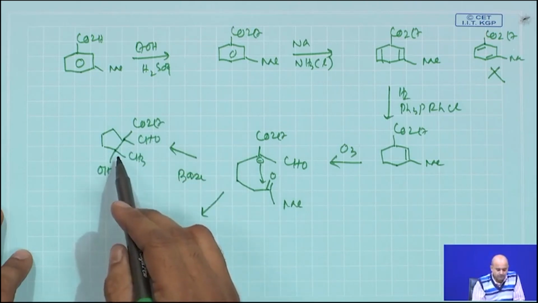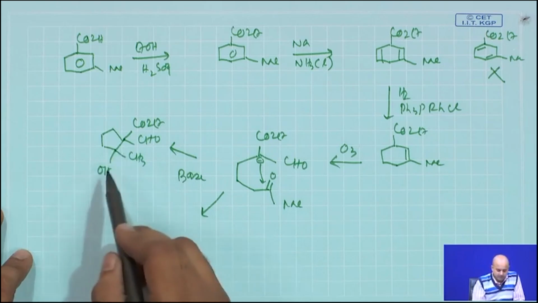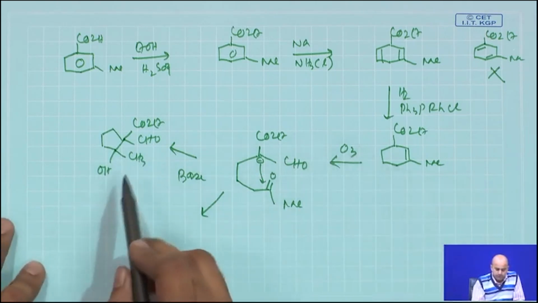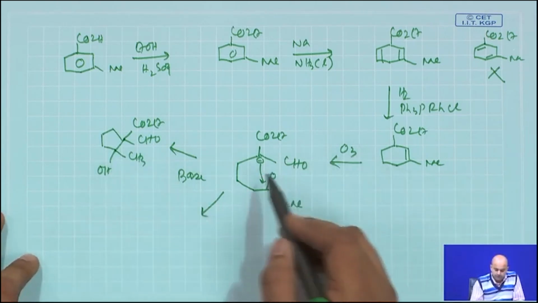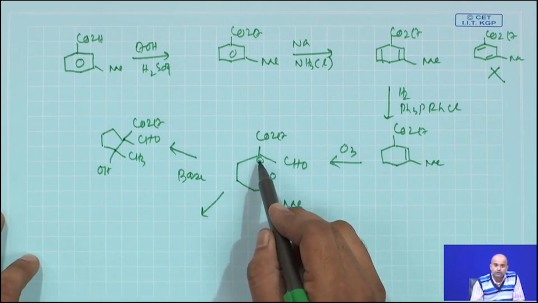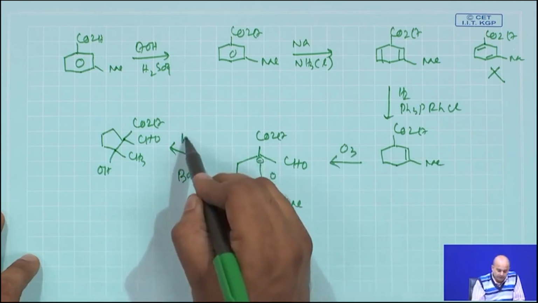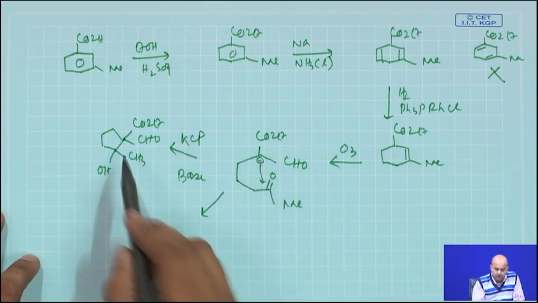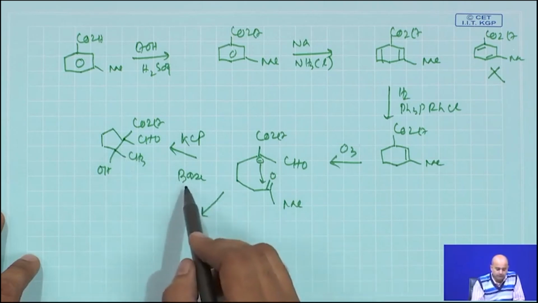This kind of aldol is in principle possible, because this hydrogen is much more kinetically acidic. So, in kinetically controlled conditions you might get this aldol, but our product is something different.